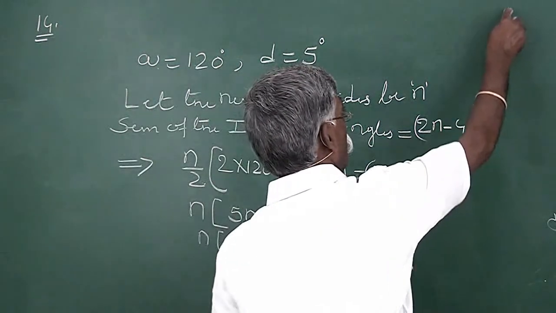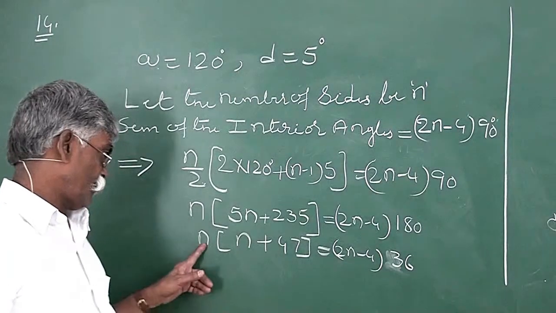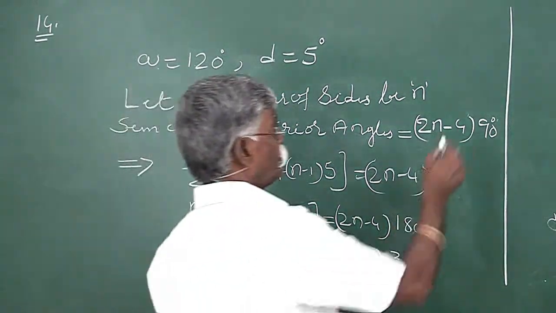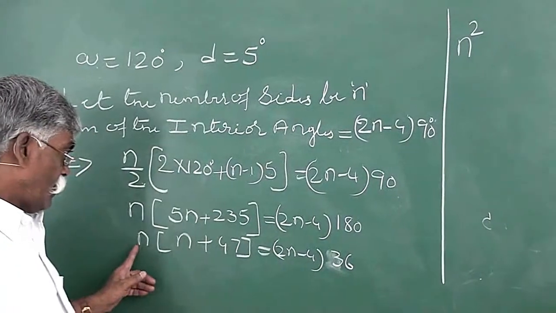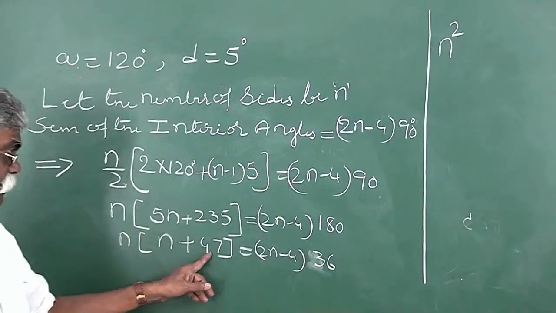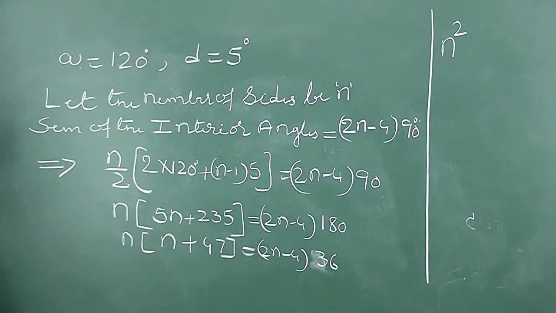Now here this is n square and 47n here and 72n on the other side.